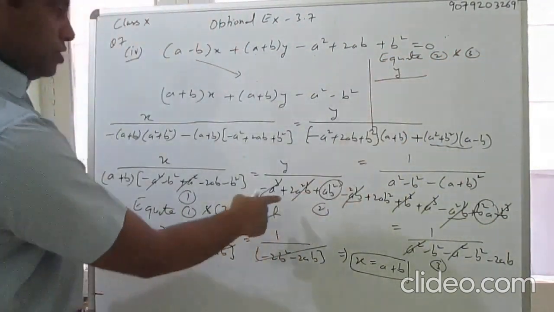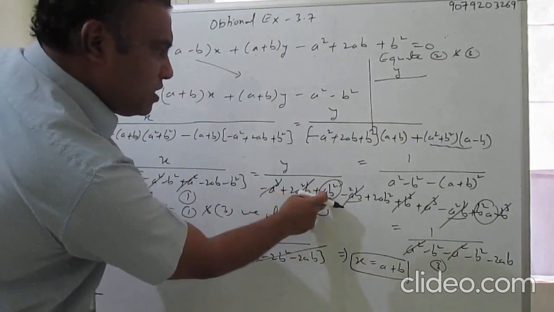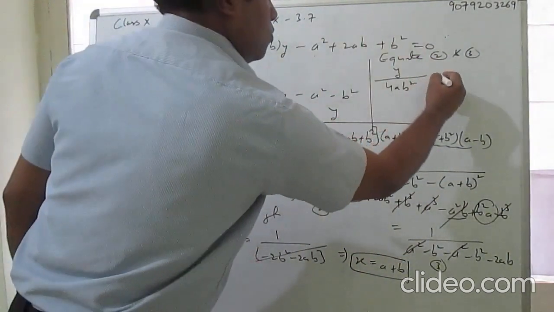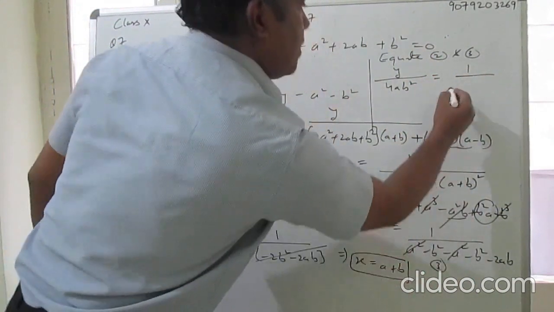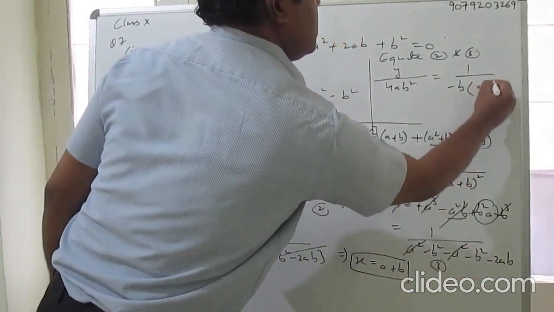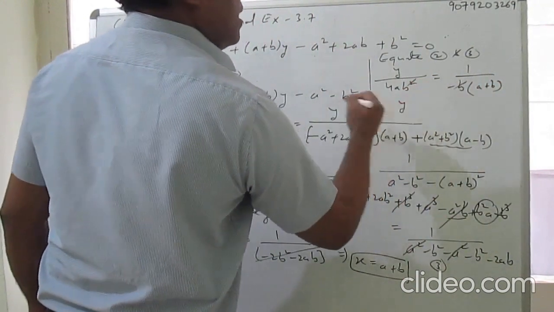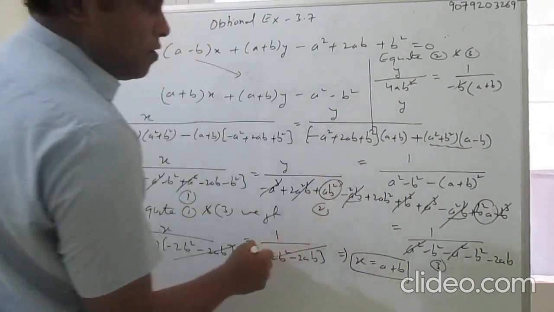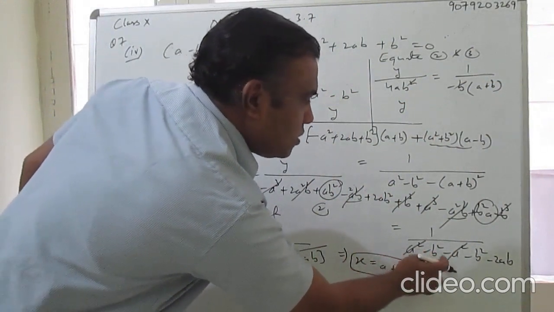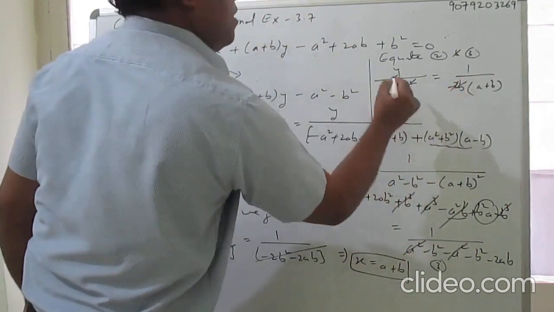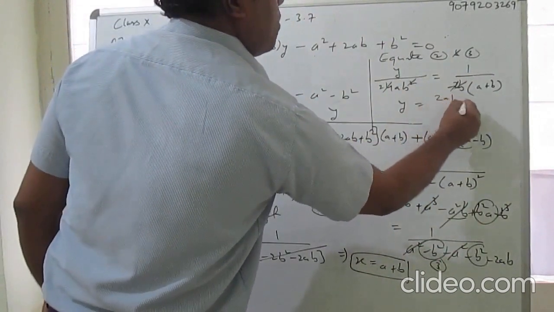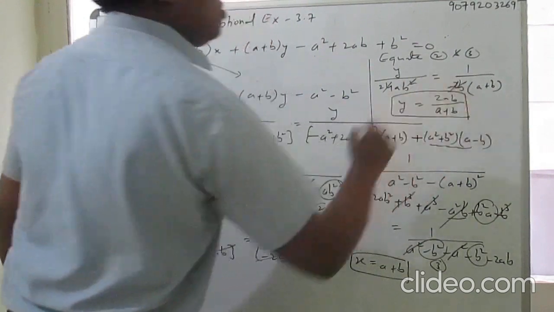Y upon, see here, this is cancelled out, only this one and 2. 4ab square is left is equal to 1 upon, take out minus b common, it is a plus b, this b cancels out, and this b cancels out, and it is minus 2b. This 2 cancels with 2, it is 2b square, and 2 minus 2b common taken, so it is 2ab upon a plus b. This is the solution.